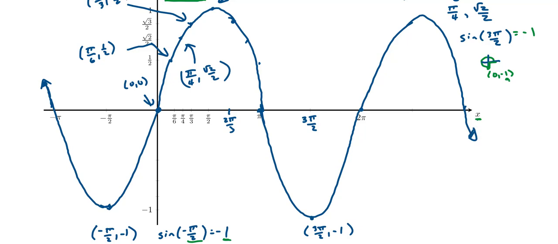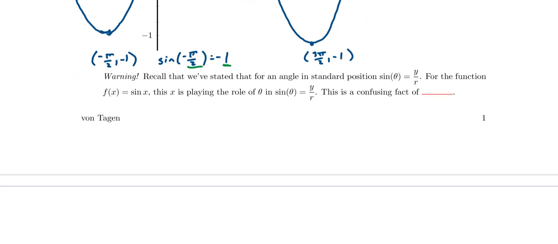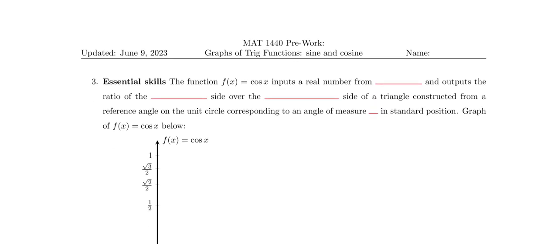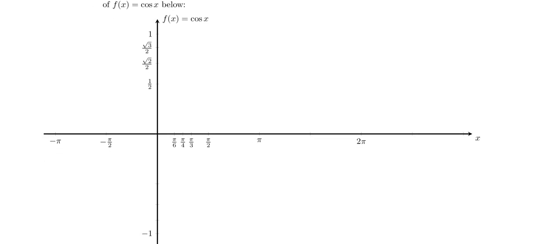Okay. What I would like you to do is go ahead and try to graph the cosine of x based on what we were just discussing, where you're going to say, okay, let me take one of my unit circle angles. We could evaluate f of, say, pi over 6. Here would be the cosine of pi over 6, and the cosine of pi over 6 we know to be the square root of 3 over 2.